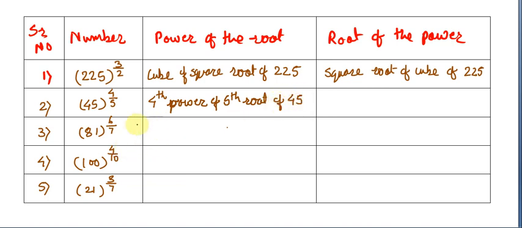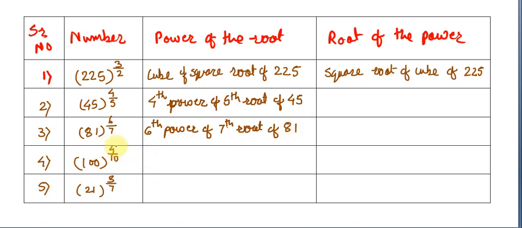Next example, again numerator is sixth, so sixth power of, denominator is 7, so seventh root of, denominator is always called the root, of 81.